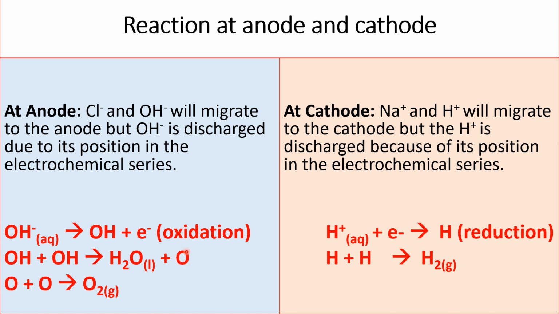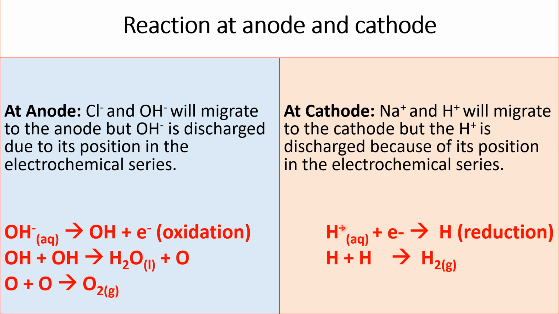But oxygen is diatomic in nature and cannot be written as ordinary O in any chemical equation. So two neutral oxygen atoms will pair up together to form oxygen gas. So in the electrolysis of dilute sodium chloride using platinum or carbon electrode, hydroxide ion is discharged at the anode, but oxygen gas is liberated. At the cathode, we have sodium ion and hydrogen ion as the cations present, and the two of them will migrate to the cathode, but hydrogen ion is discharged because it is less electropositive than sodium ion in the electrochemical series.